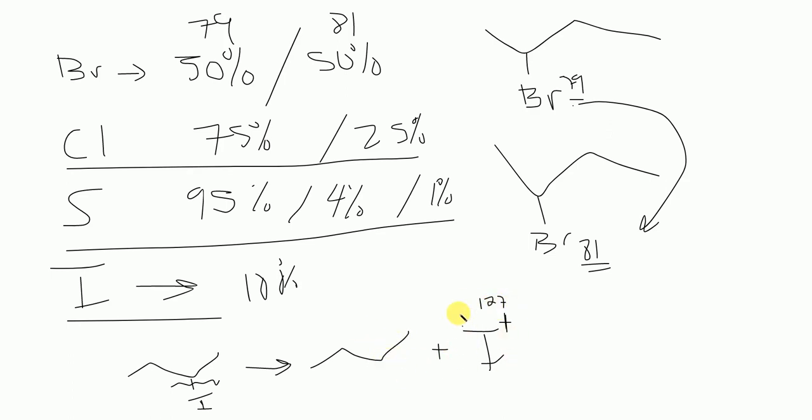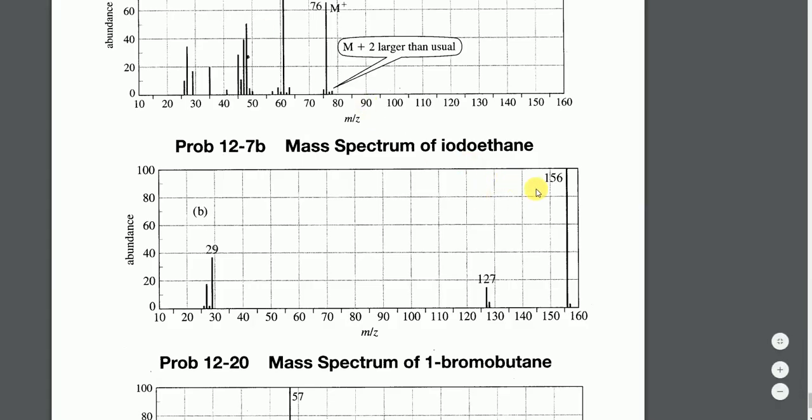So you're always going to see a peak at 127, and let's say the rest of the molecule weighed X. You're going to see a peak at 127 plus X, you're going to see X, and you're also going to see 127. All right? Just to show you what I mean, let's say the total weight of the parent molecule that contains the iodine and everything else on it weighs 156.